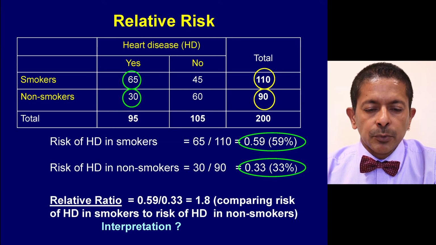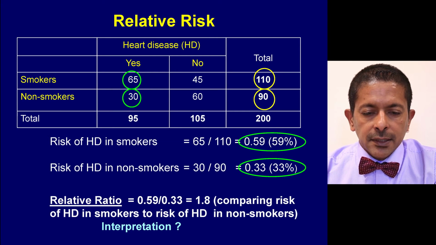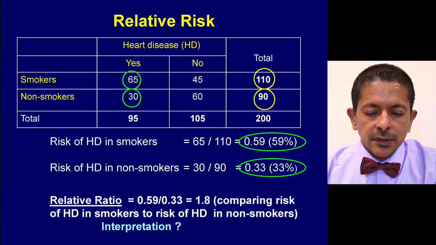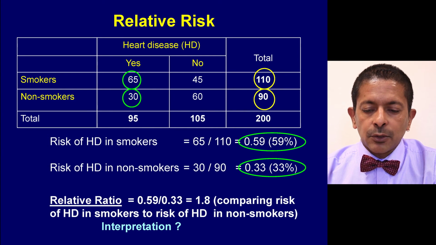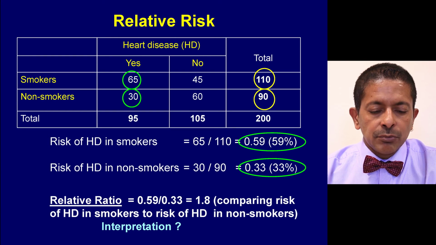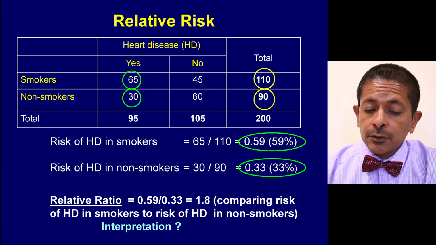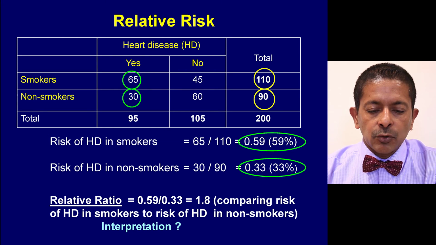Similarly, among non-smokers followed up over time, 30 out of 90 developed heart disease. The risk of heart disease in non-smokers is thus 30 divided by 90, which is equal to 0.33 or 33%. The relative ratio or the risk ratio can be calculated quite easily by dividing 0.59 by 0.33, which is 1.8.